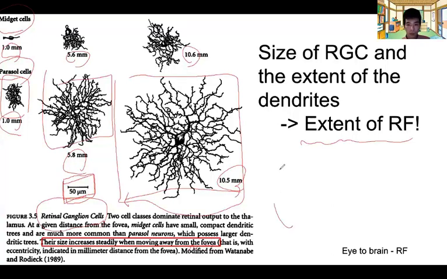If you remember this eye figure, fovea corresponds to somewhere here where the axons dip, and at 1 millimeter from here, you find relatively small ones for both midget type and the parasol type, and then at 5 millimeter you get bigger retinal ganglion cells, and also at 1 centimeter, 10 millimeter, you find even bigger neurons. Neurons with bigger dendrites and also bigger receptive fields. And this is very important for consideration of our discussion.